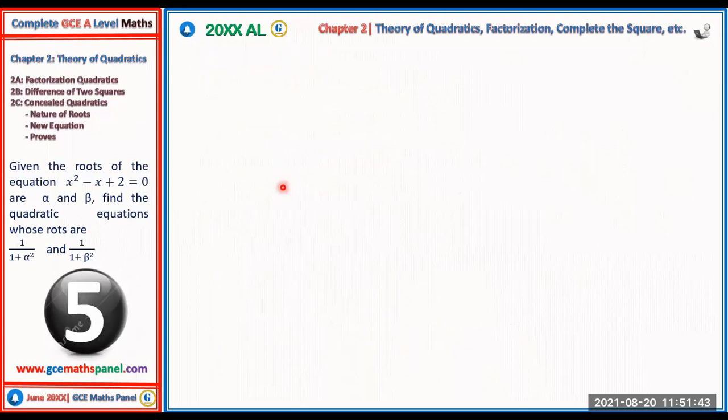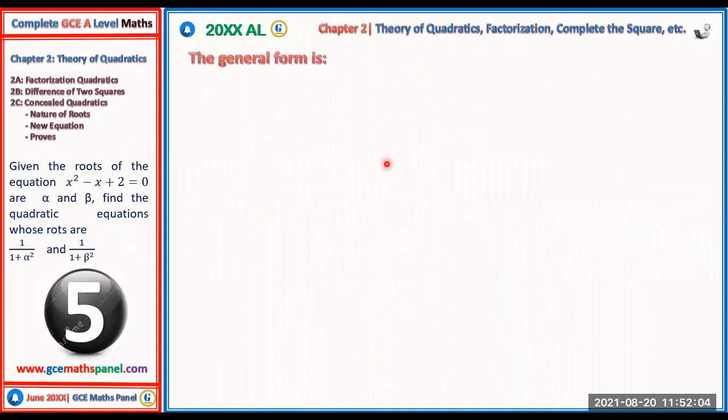Okay, so this is another example. This is the first one I wanted to do actually. Given that the roots of this equation x squared minus x plus 2 equals 0 are alpha and beta, find a new equation whose roots are 1 over 1 plus alpha squared and 1 over 1 plus beta squared.